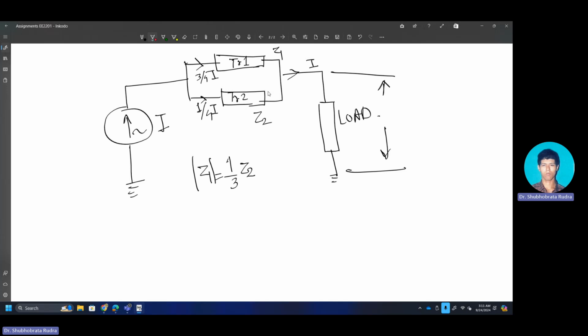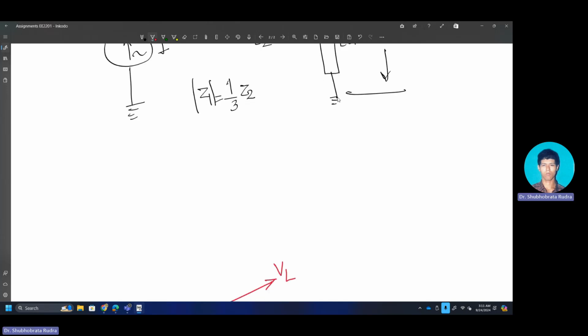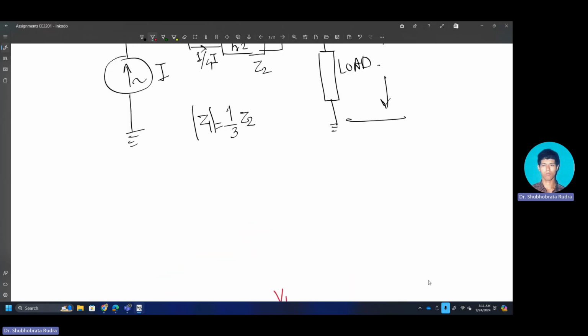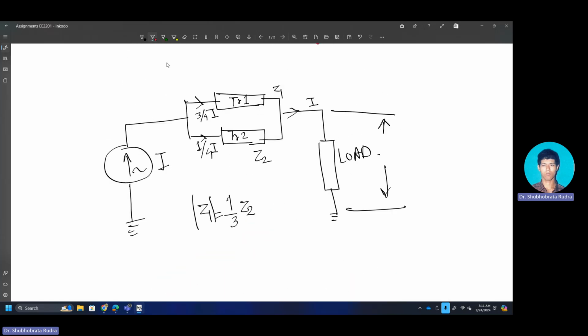Now, how much is the KVA? Whatever projection you have of VL and IL, that is the total KVA. What I am supposed to find out is how much KVA is getting transferred through each individual transformer. If this is the IL, then we have to find out how much is being transferred through transformer 1 and transformer 2.